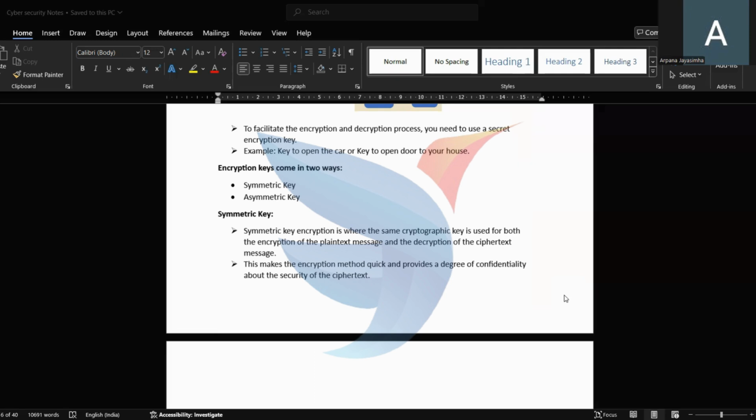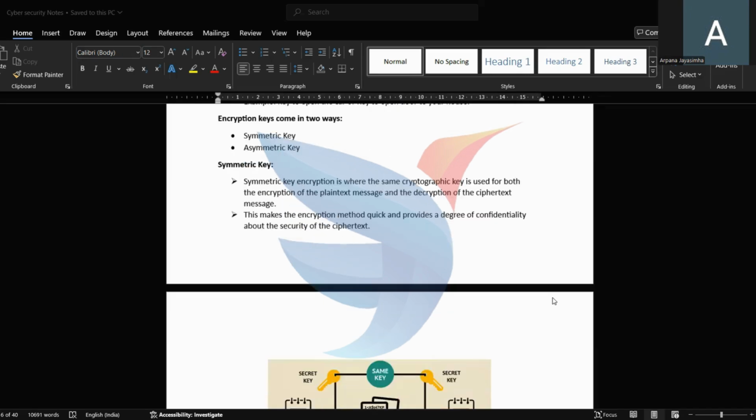So let's see what is a symmetric key. Symmetric key encryption is where the same cryptographic key is used for both the encryption of the plain text message and the decryption of the ciphertext message. This makes the encryption method quick and provides a degree of confidentiality about the security of the ciphertext.